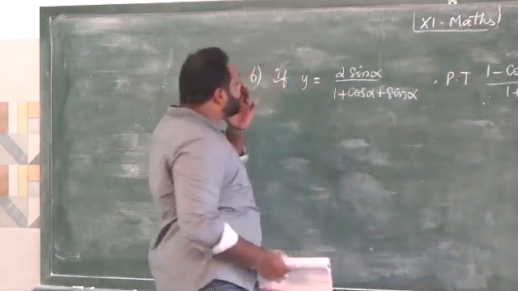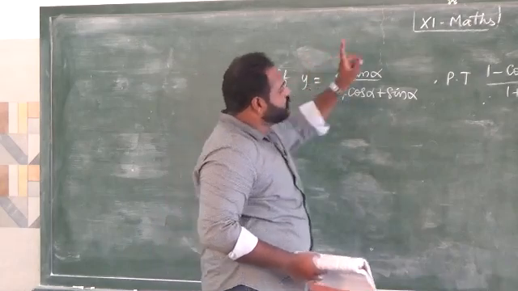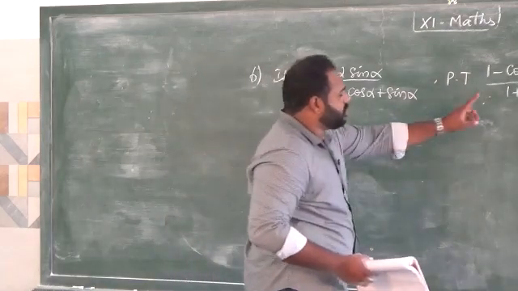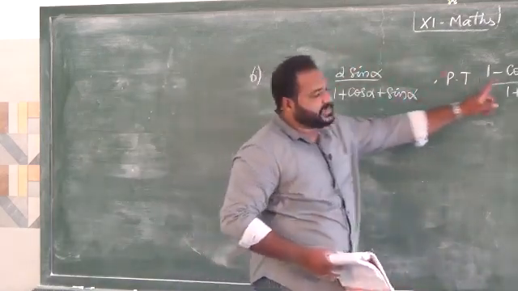So using this, they ask you to use this term to prove this term. So this is also y, this is also y. So I am going to take this y and using this I am going to prove this answer.